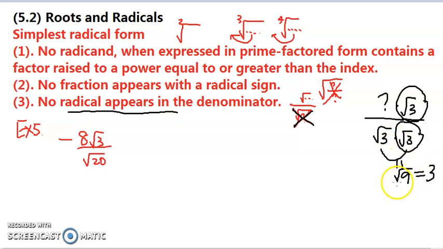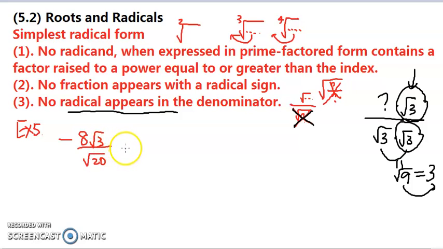The radical sign will disappear after we simplify that, because 9 is a perfect square which contains 2 copies of 3. Again, we are allowed to have a radical on the top. But for this one, if we do the same thing and multiply by square root 20, it's fine, but we have to reduce the radical later.